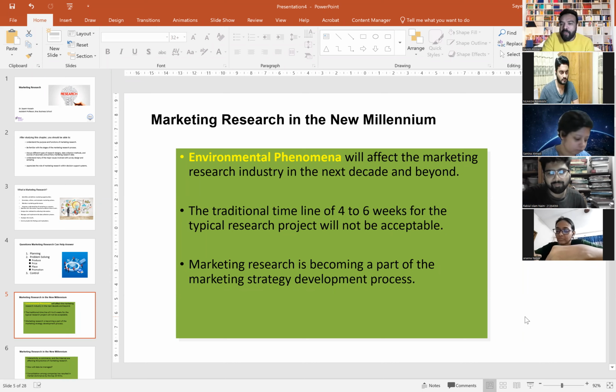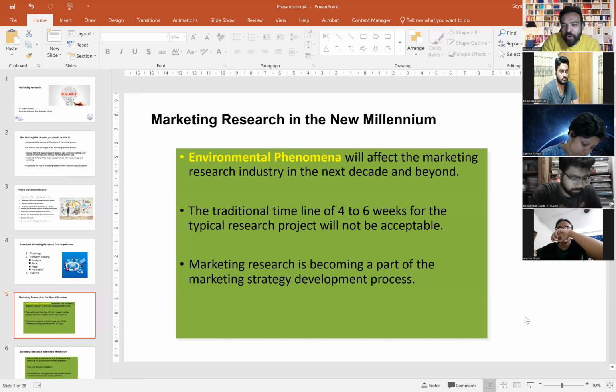So when you are a marketing research person, you always need to very carefully analyze and scan the environment. What is happening? Then the traditional timeline of 4 to 6 weeks for the typical research project will not be acceptable.